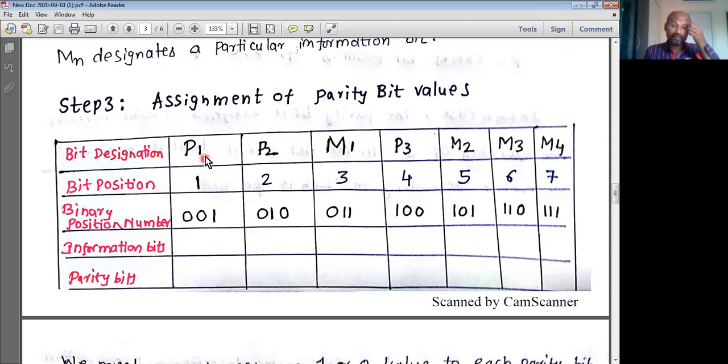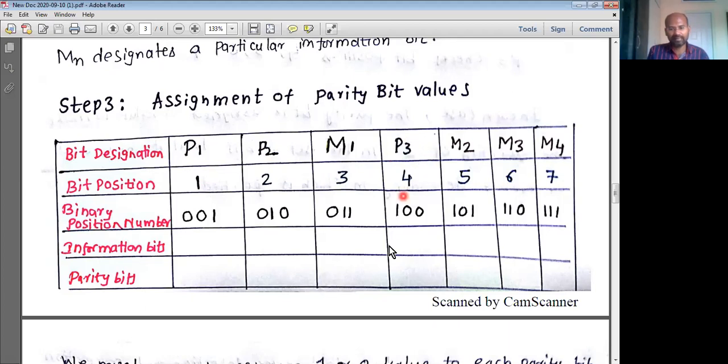So P1 detects the error for certain bit positions. In the same way, P2 detects and corrects the error for certain bit positions. In the same way, P3 detects and corrects the error for certain bit positions. Now, which bit positions will be detected and corrected by P1? And in the same way, which bit positions will be corrected by parity bit P2? Which bit positions will be detected and corrected by parity bit P3?